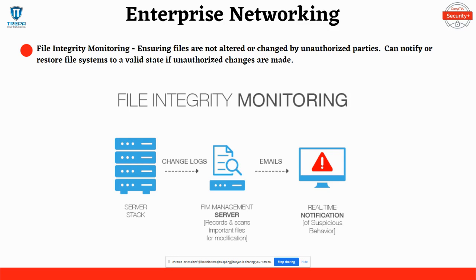FIM ensures that files are not altered or changed by an unauthorized person or party. FIM can monitor and notify administrators when a system's file has been changed, or FIM can restore a file to its original contents if it is backed up properly and configured to do the restoration. So FIM is a great tool to verify integrity of files, right?